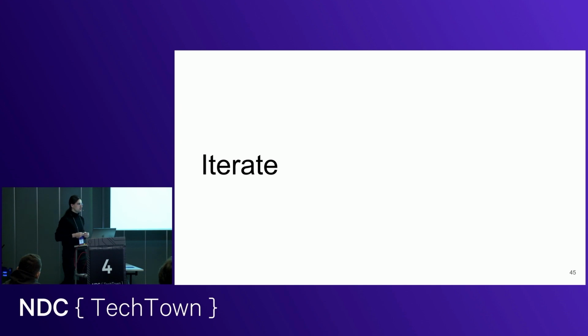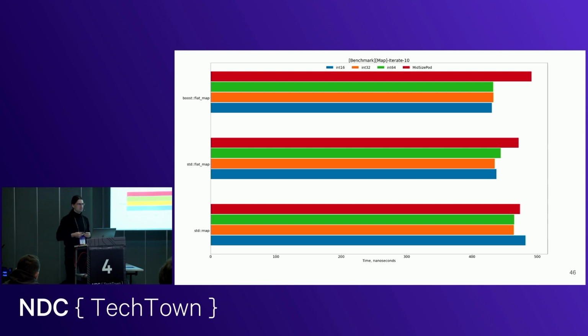And this particular test I added because some people asked me to, and they said you need to insert, iterate over a vector and compare it to iterating over a map. That's what I'm doing right now. And the results are also very interesting, to be honest.